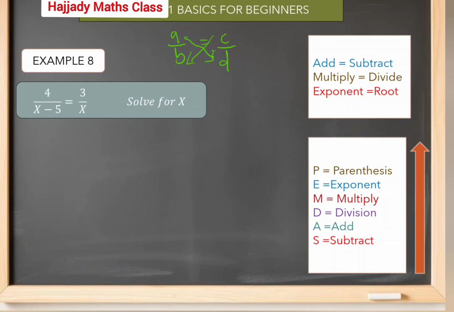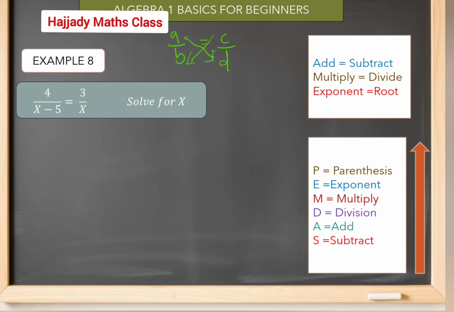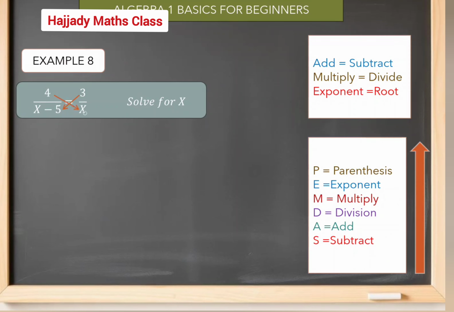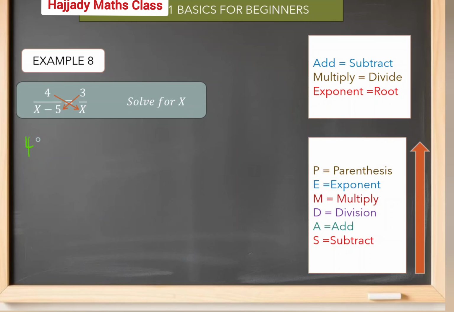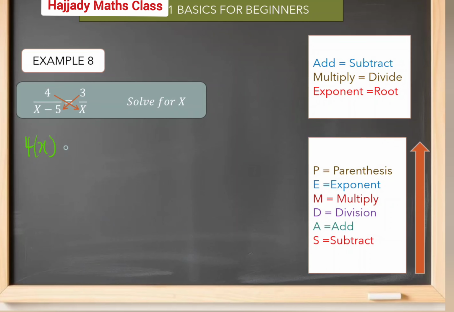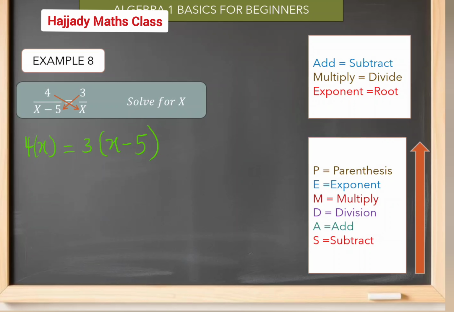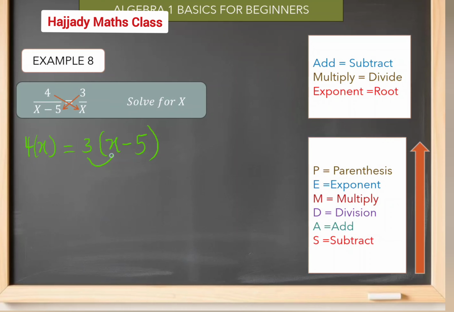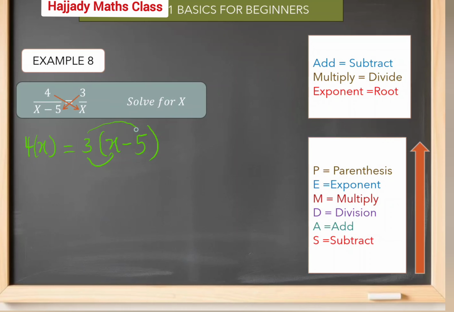So now to solve these two fractions separated by an equal sign, we introduce cross multiplication. That shows that 4 multiplying x, we have 4 multiplying x equals 3 multiplying x minus 5. To solve this further, we need to distribute the 3 by multiplying x and also by multiplying negative 5.